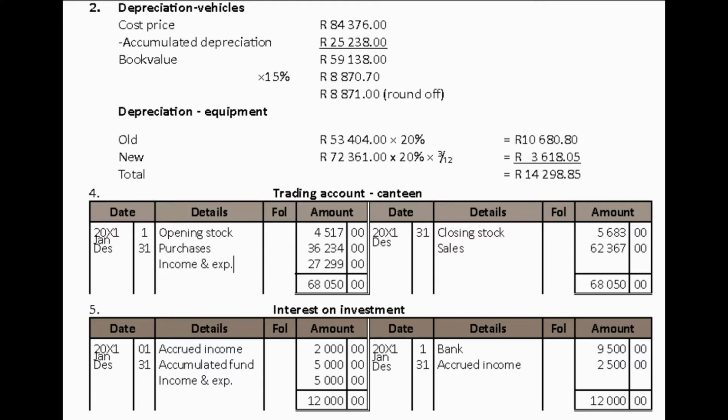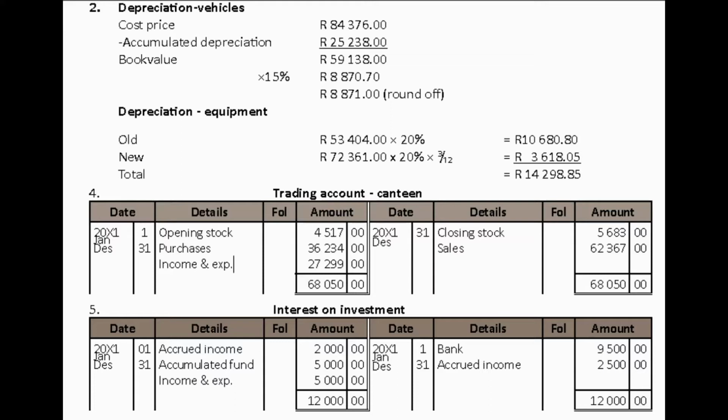Okay, for equipment, you bought equipment during the year. I think it was in October, and on the 1st of October you bought equipment for 72,361. So you can't work out depreciation for the whole year on your equipment balance, because you bought equipment on the 1st of October. So we're going to do that in two sections.